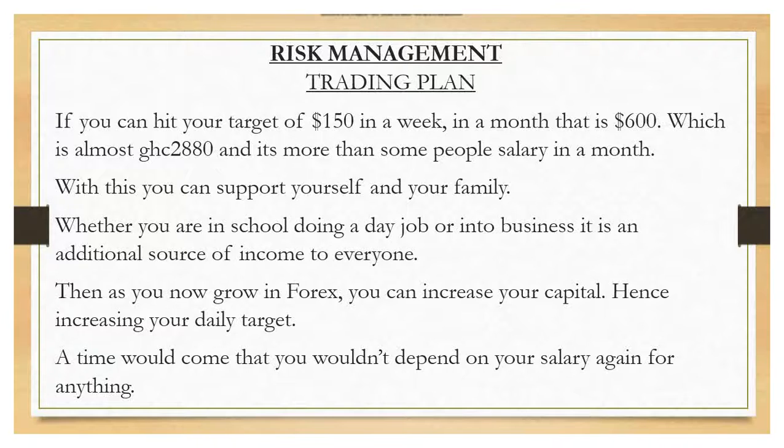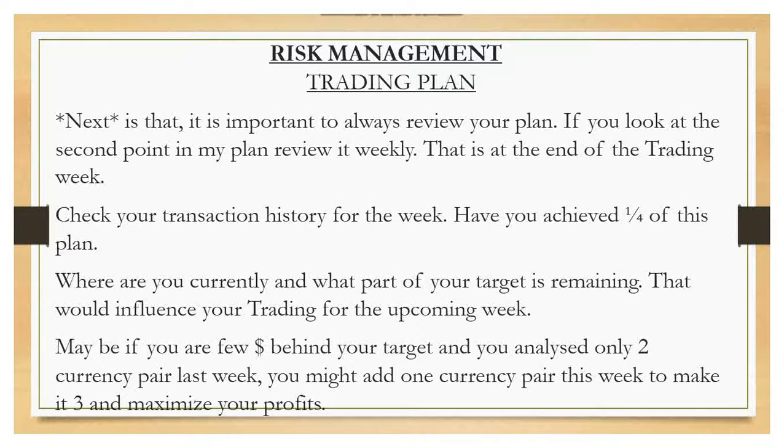Whether you are in school, doing a day job, or into business, it is an additional source of income to everyone. Then, as you grow in forex, you can increase your capital, hence increasing your daily target. A time would come that you wouldn't depend on your salary again for anything.